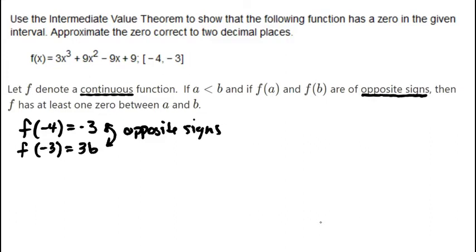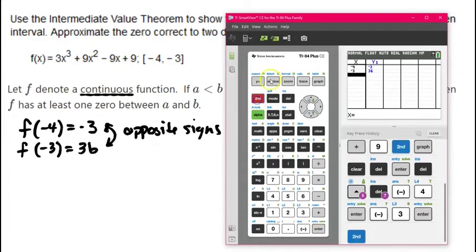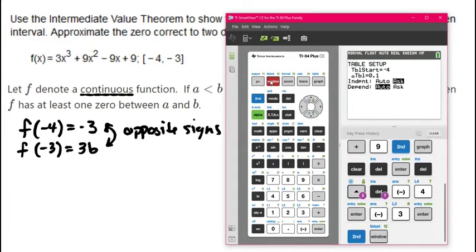So once again, I'm going to use my graphing calculator, and this time I'm going to use the table menu in just a little bit different way. So I'm going to go to Table Set, and this time I'm going to go in Auto mode instead of Ask.